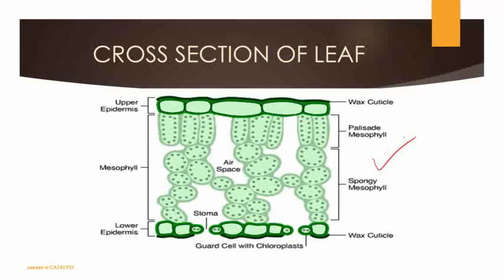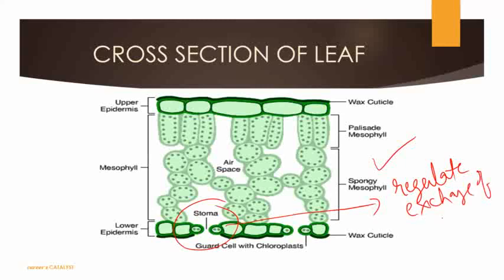What is the function of stomata? The function performed by stomata is to regulate the gas exchange and obviously to prevent water loss. So stomata is very important because it helps to control or regulate the exchange of gas.